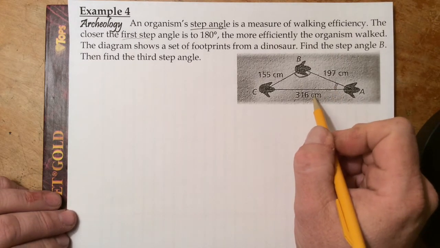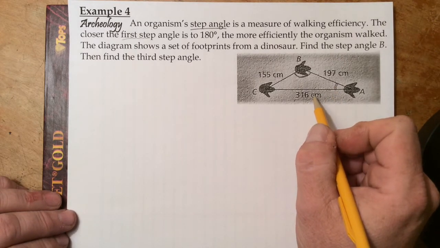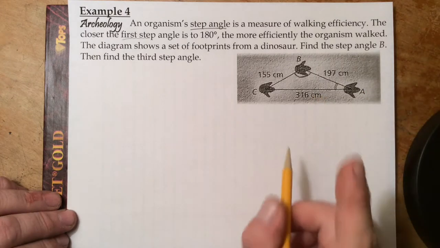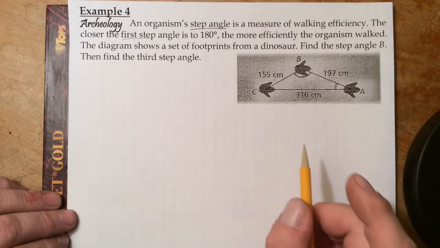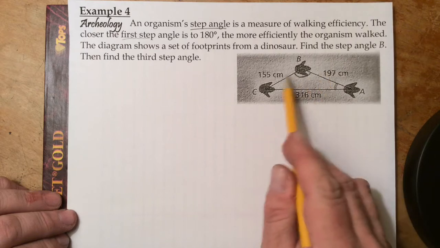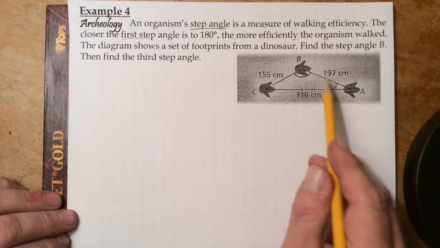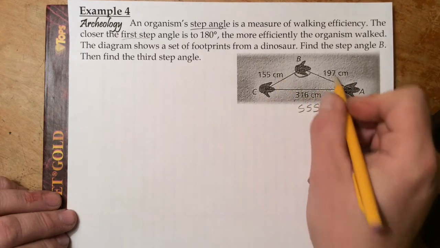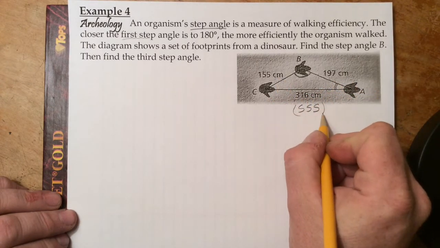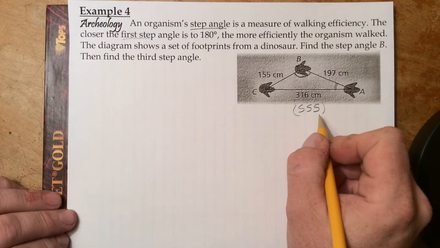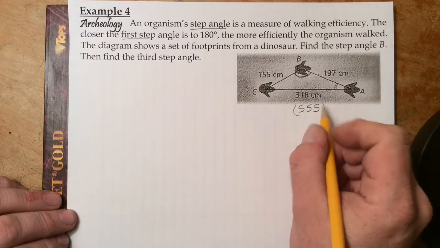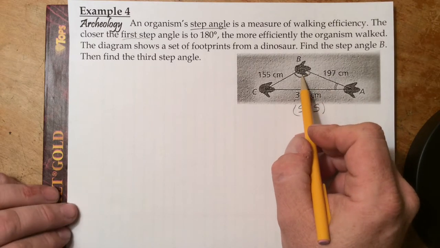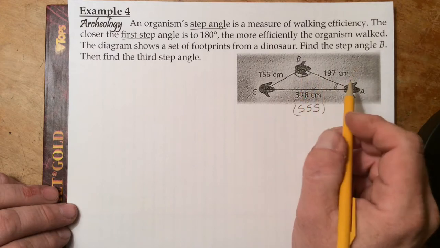Before we get started, there's one thing you need to be cautious about. When using the law of cosines for an obtuse angle and you've got all three sides and no angles at all, this would be the side, side, side pattern. You've got to be very careful to make sure that you always find the obtuse angle after you find one of the acute angles.